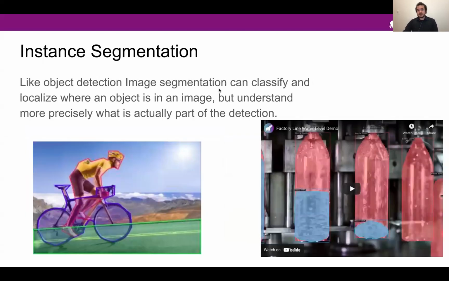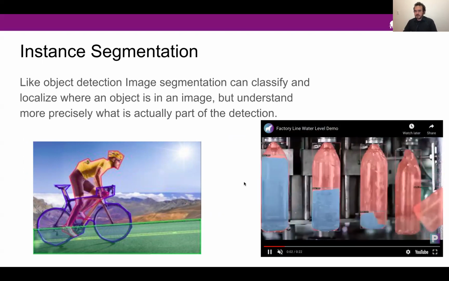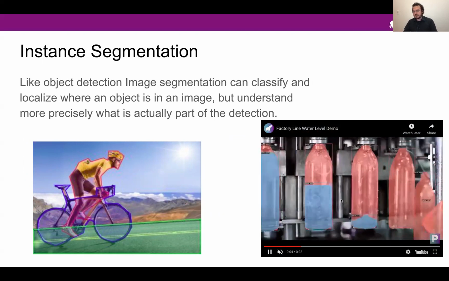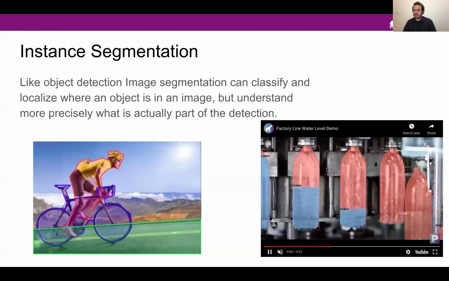We have instance segmentation. Like object detection, it can tell where something is in the image or the frame of the video, and also what it is. So it can classify and localize, but it can also localize better because instead of just drawing a box around it, which you can faintly see here, it's also drawing pixel by pixel exactly what it thinks belongs to that object.